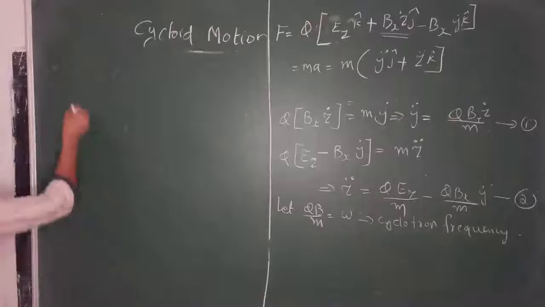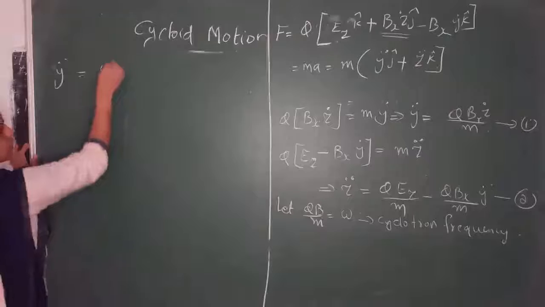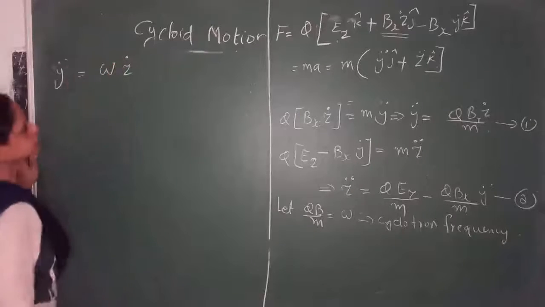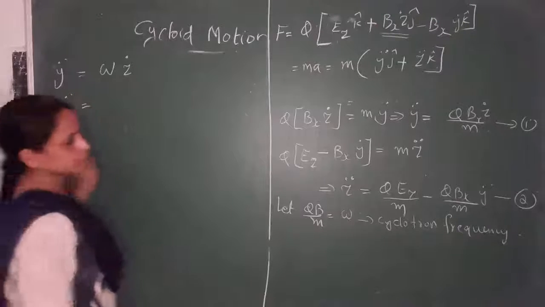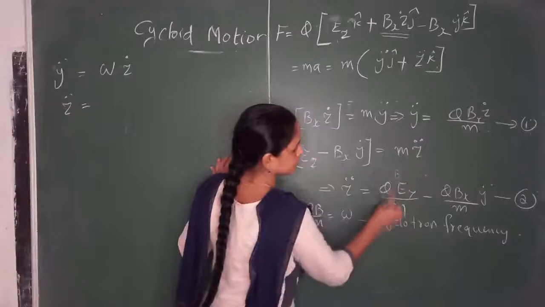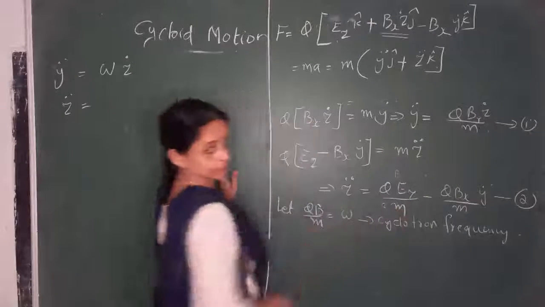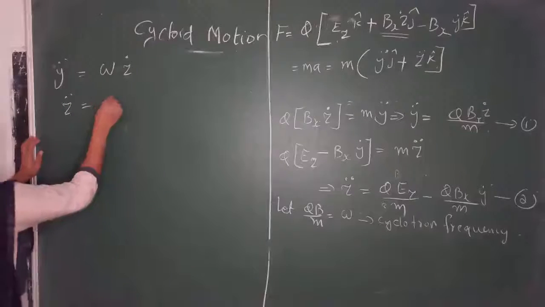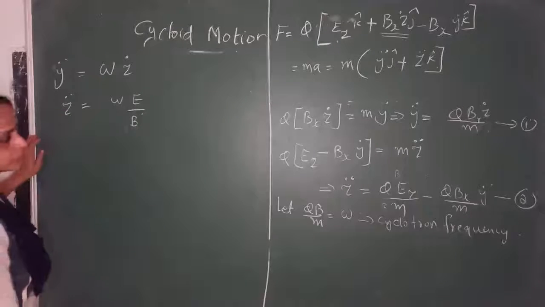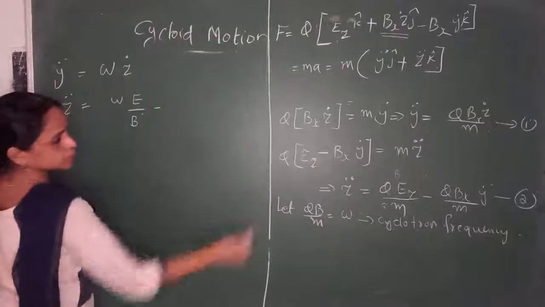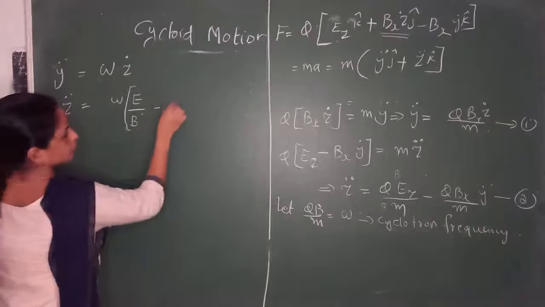That means first y double dot is equal to QB by m, which is omega z dot, and z double dot you can write as omega into E by B minus omega into y dot.